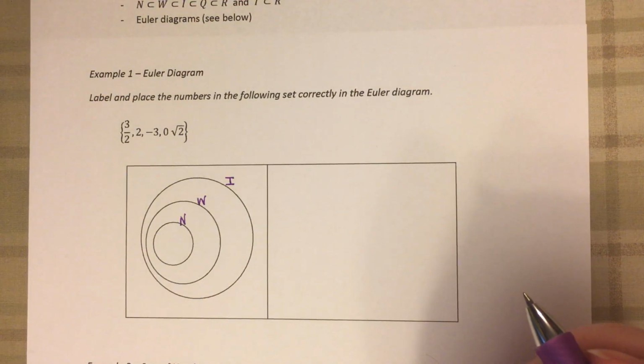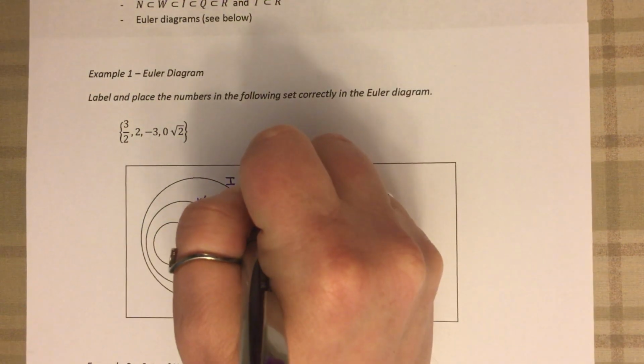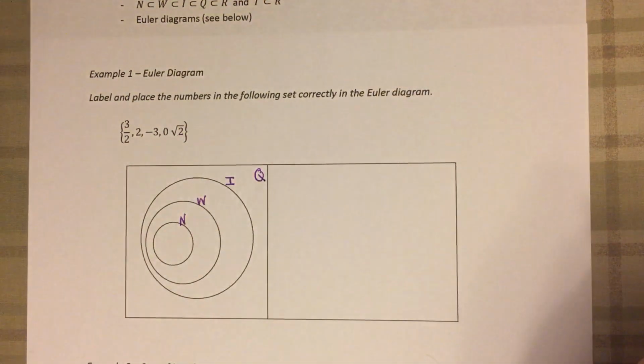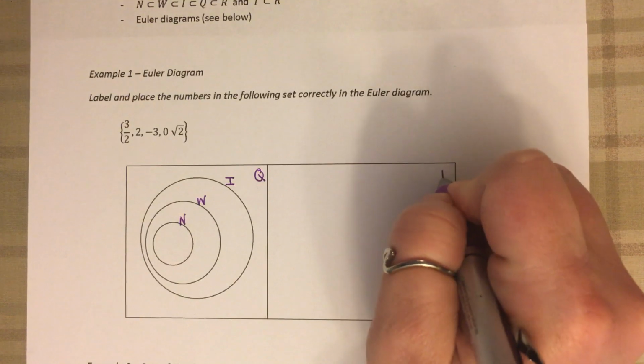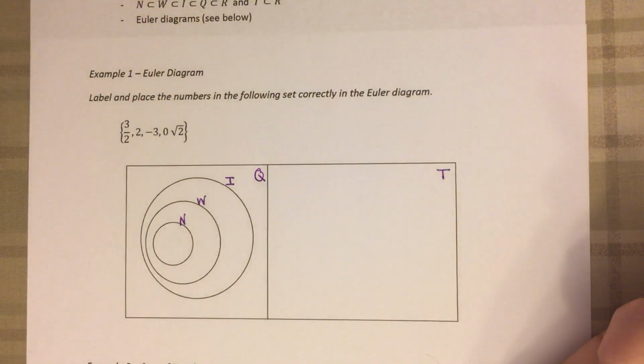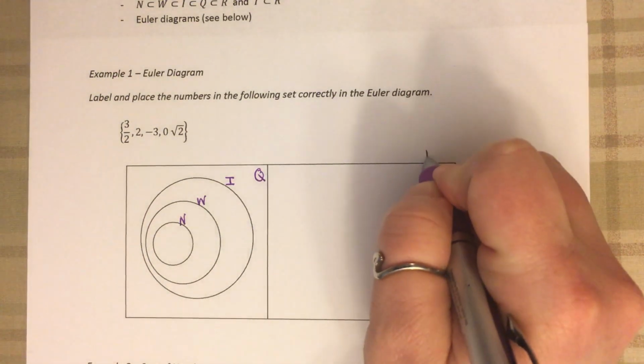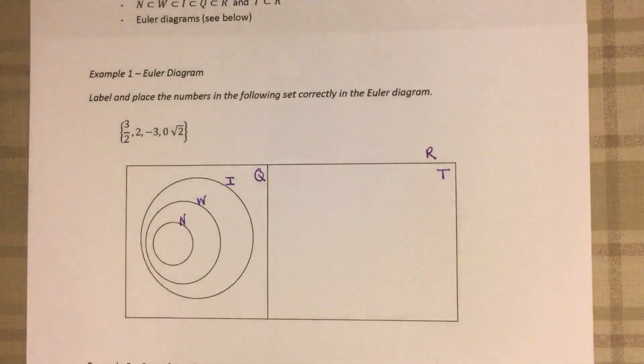Everything in these three circles, again, remember, does not contain fractions or decimals. Then we add our fractions and decimals and we get our rational numbers, which we use the letter Q to represent. Our irrational numbers are decimals that don't end and don't repeat. Those are represented by the letter T. Then all together, this entire rectangle represents our real number system.